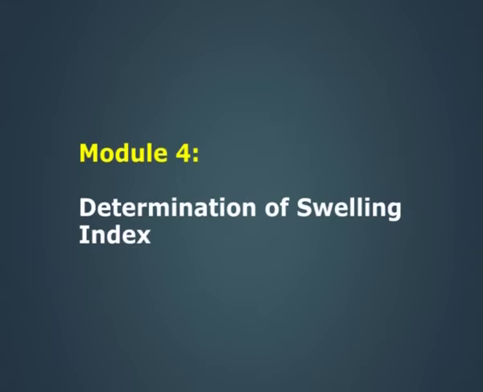Module 4. Determination of swelling index. Many herbal materials are of a specific therapeutic or pharmaceutical utility because of their swelling properties, especially gums and those containing an appreciable amount of mucilage, pectin, or hemicellulose.